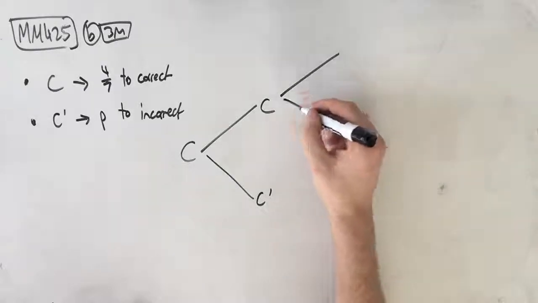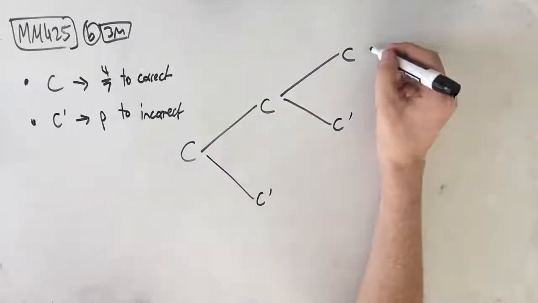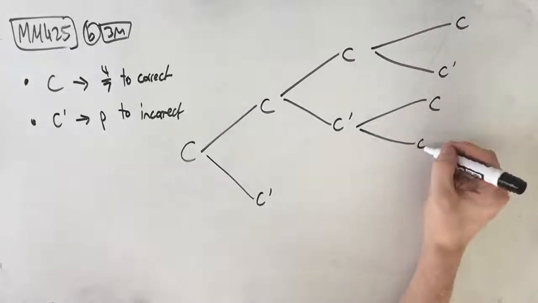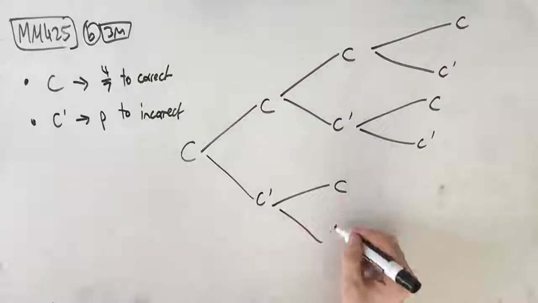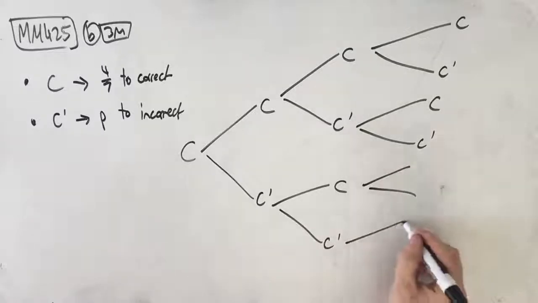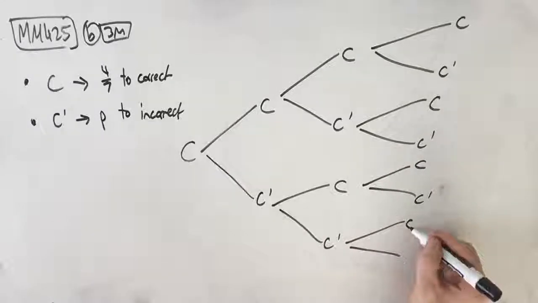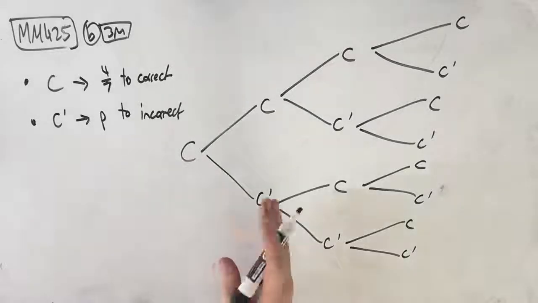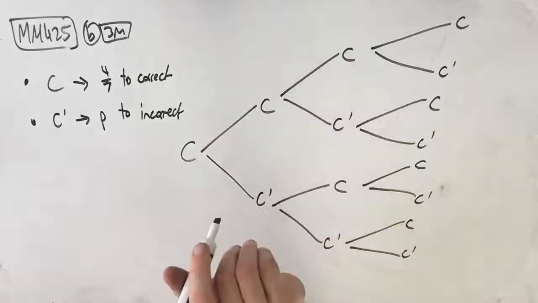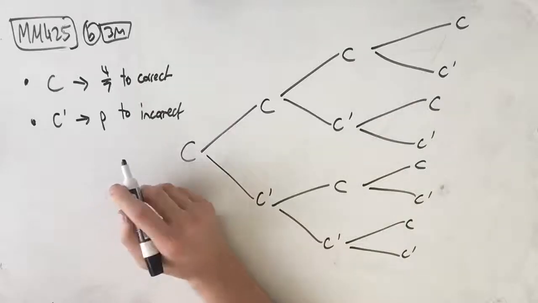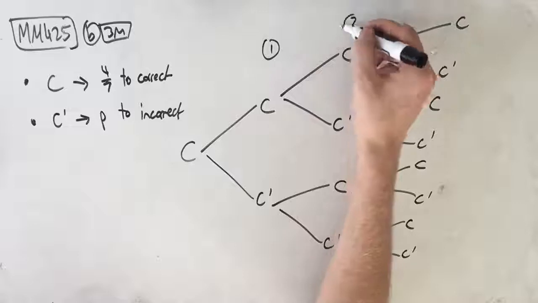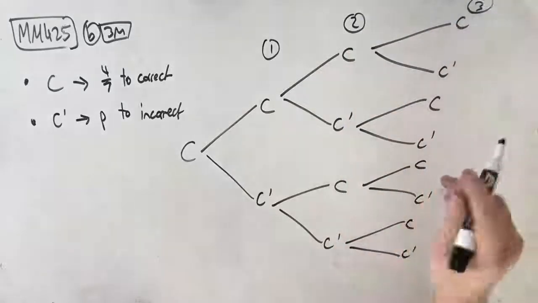Next one, same, correctly or incorrectly, and then the next one, he can correctly or incorrectly answer it, and so on, okay? Awesome. Now we've got these number of levels because the question asks us about the next 3 questions. Okay, so this is the next first question, next second question, and then the third question up here.